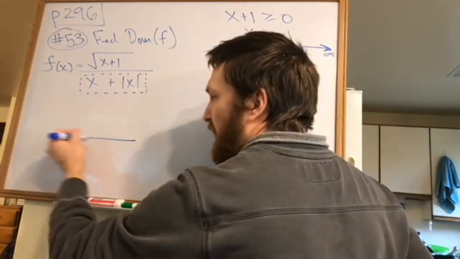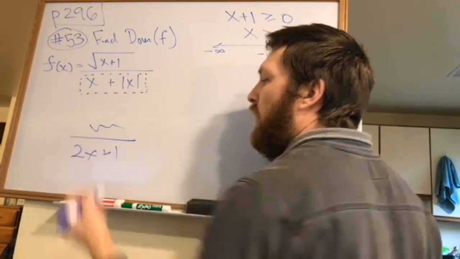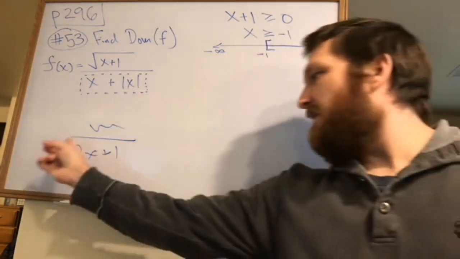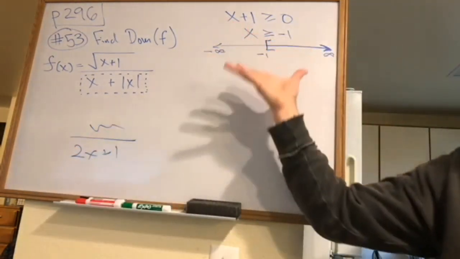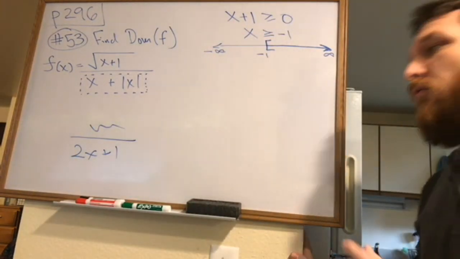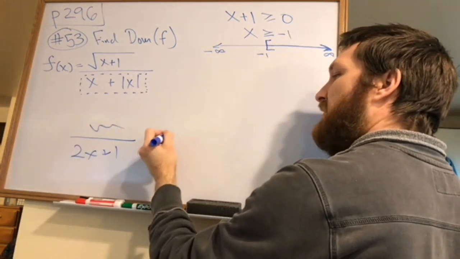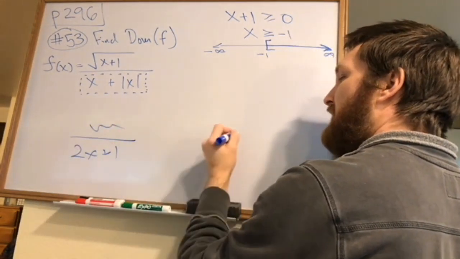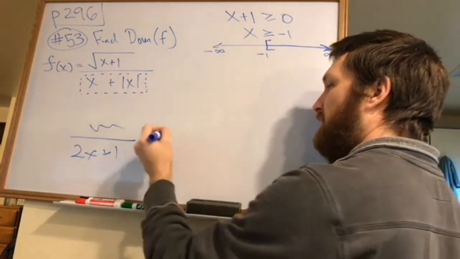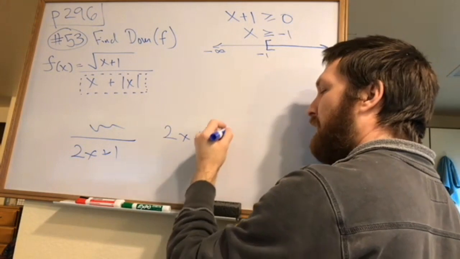Pretend for a second that this were something over 2x plus 1. You would say this can't be 0. Right. You would say this cannot be 0. And so in this case, you would say what cannot be 0? 2x plus 1 cannot equal 0. 2x plus 1 can't be 0.